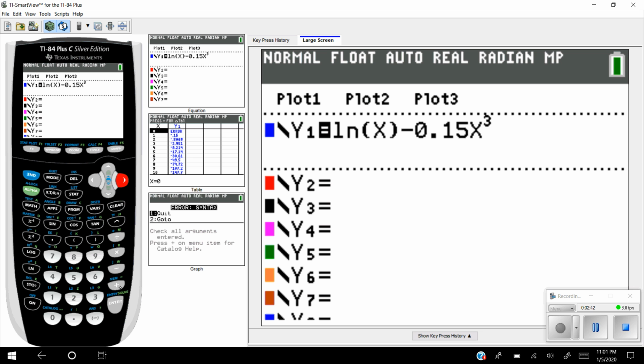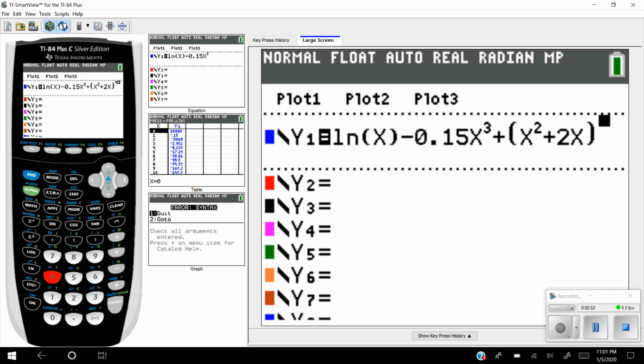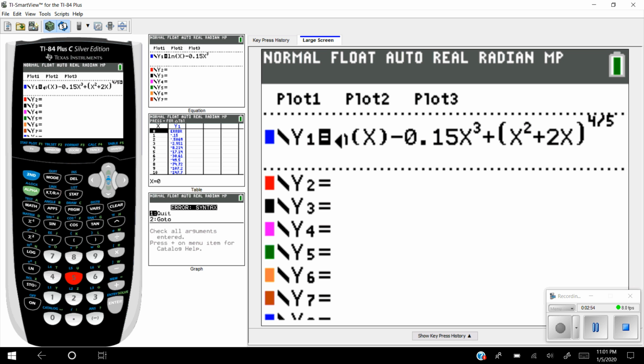Plus x squared plus 2x raised to the 4/5 power. And then push enter.